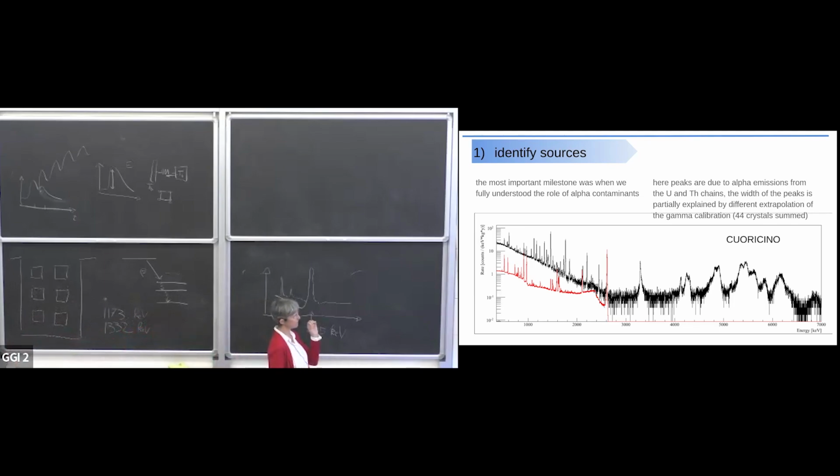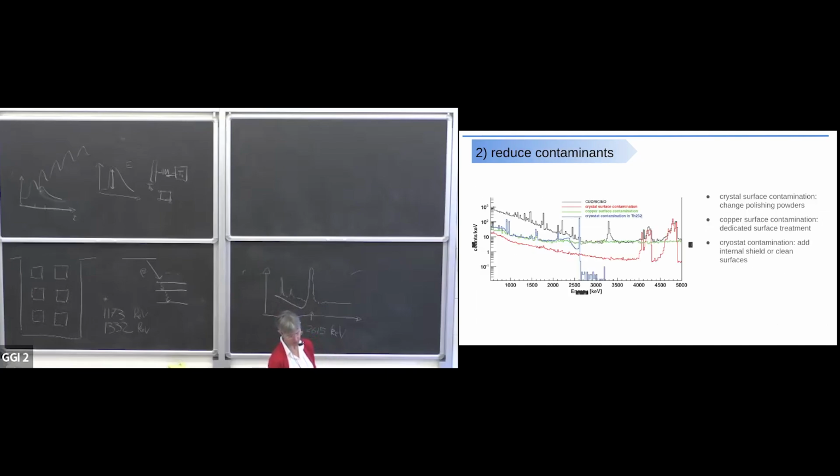So in any case, for what I want to discuss this morning, the message is we discovered that the second important contribution to background in the region of interest was coming from this flat background that is due to surface contamination of the materials surrounding my crystals. And this I was able to describe also with a Monte Carlo simulation.